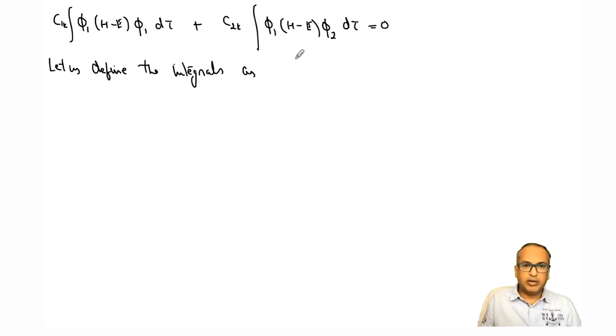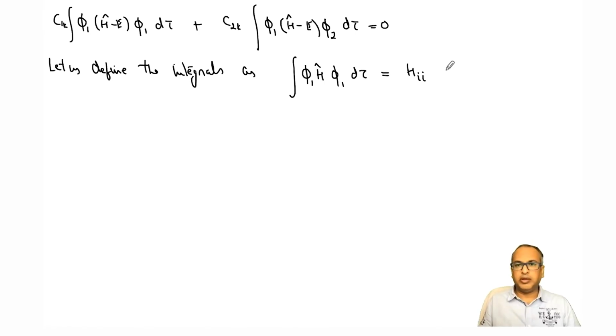If we see here, there will be a term called phi 1 H phi 1, because H is an operator. H is going to operate on phi 1 and phi 2. So we will have this integral phi 1 H phi 1 d tau, and we will call this HII. In this case, I is equal to 1, where both the indices are the same.